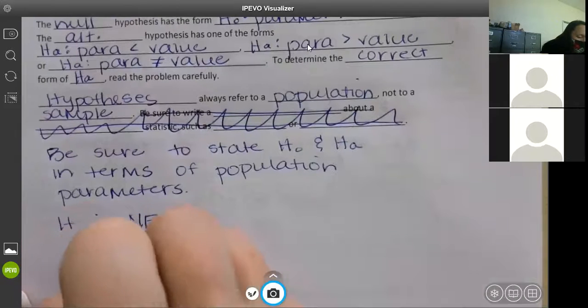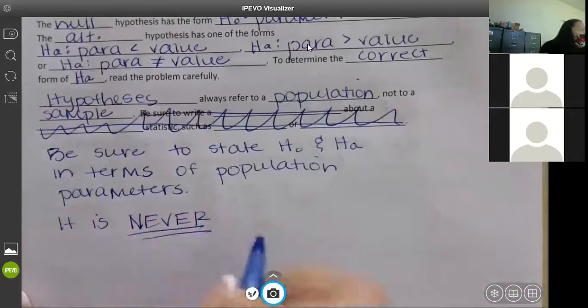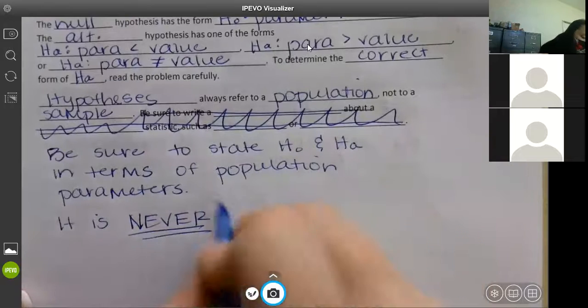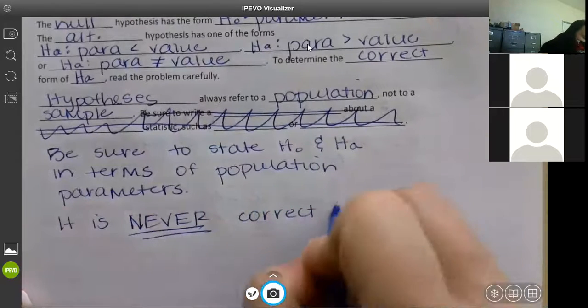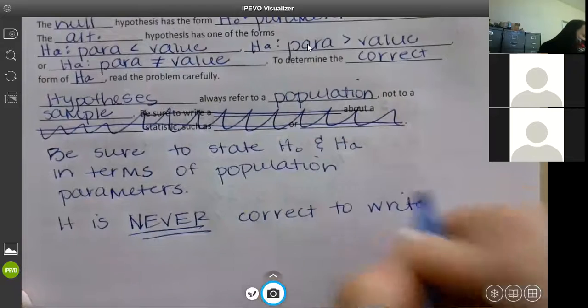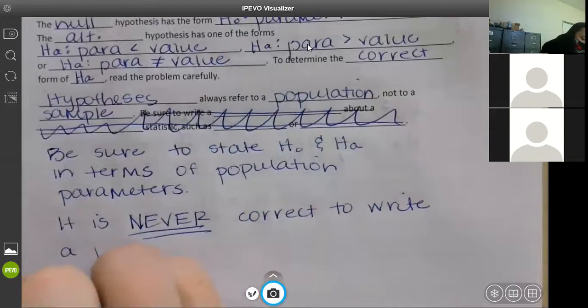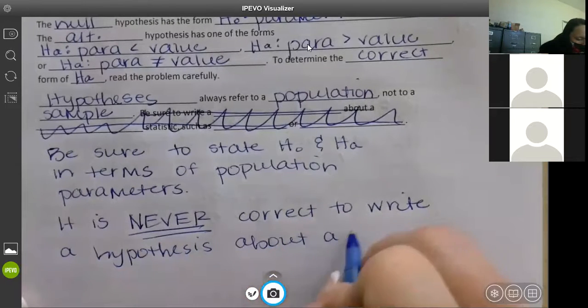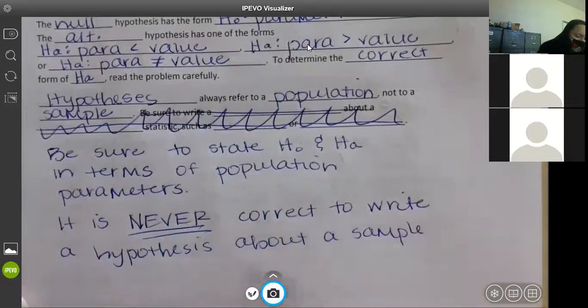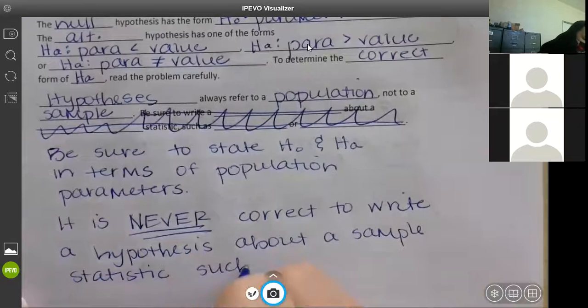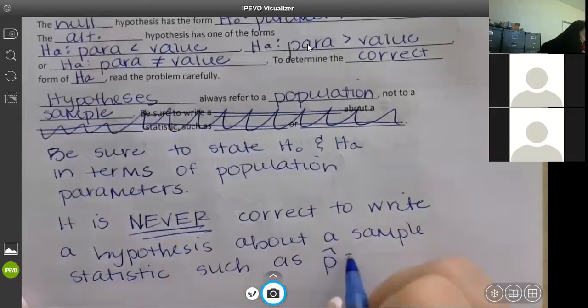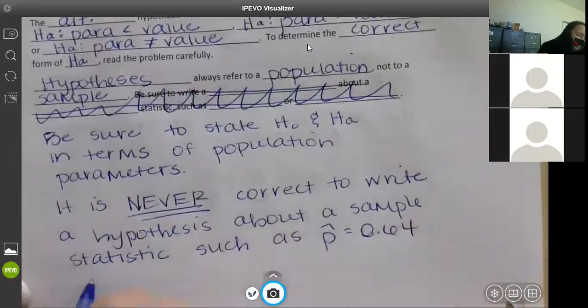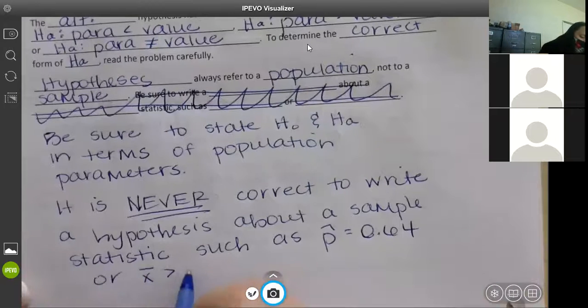It is never, you'll get counted off for this. It'll automatically stop grading your paper. It is never correct to write a hypothesis about a sample statistic such as p hat equals 0.64 or x bar is greater than 85.